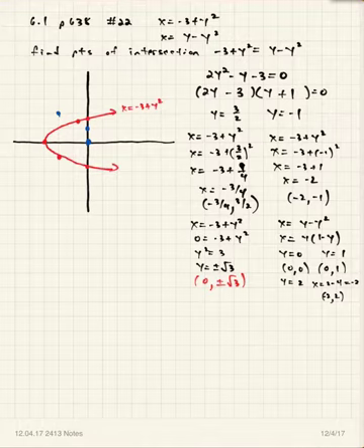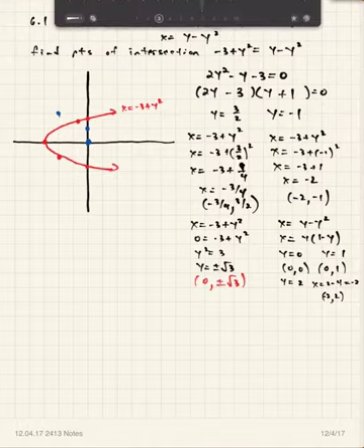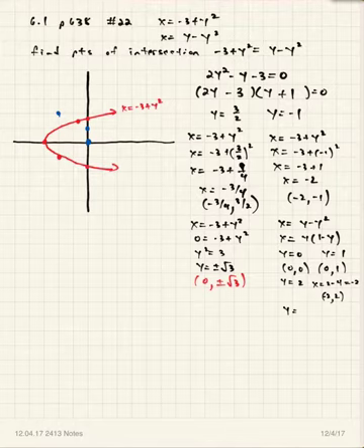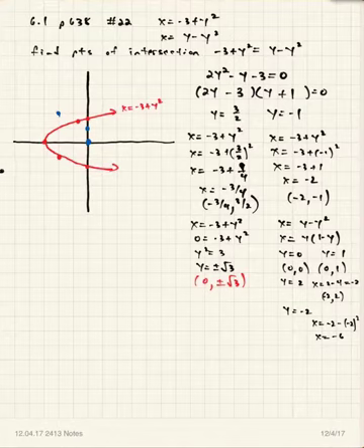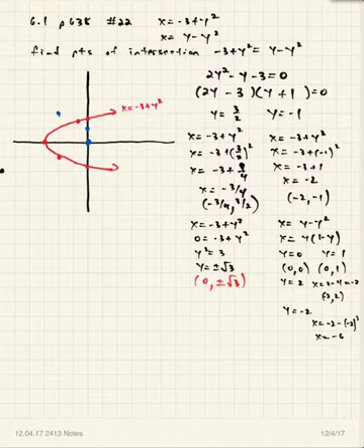And if I substitute in y = -2, I get x = -2 - (-2)². So you have -2 - 4, or x = -6. So the x value is -6 and the y value is -2. You're down over here, like that. I should probably put that one in blue also.